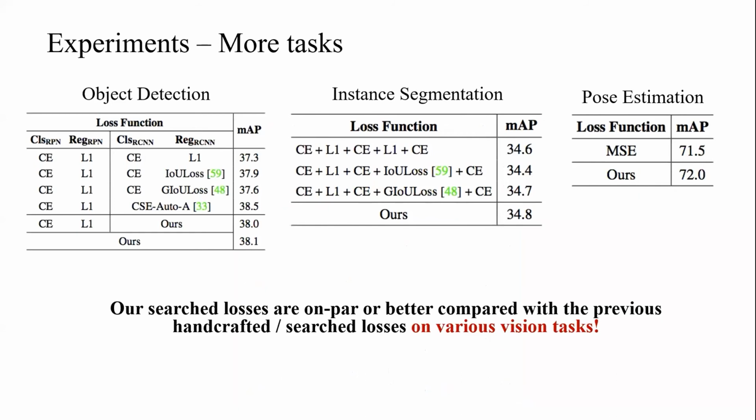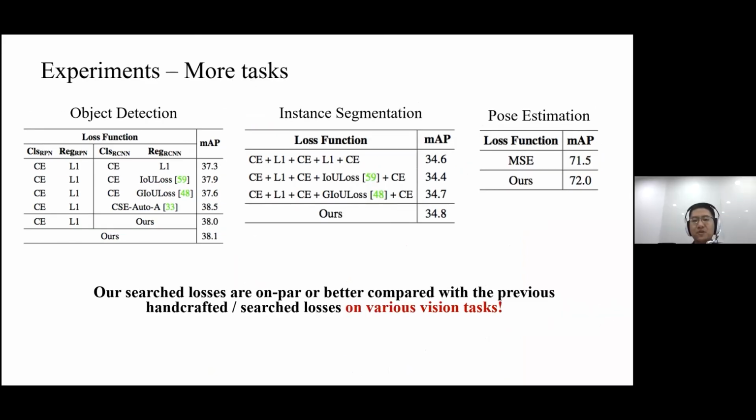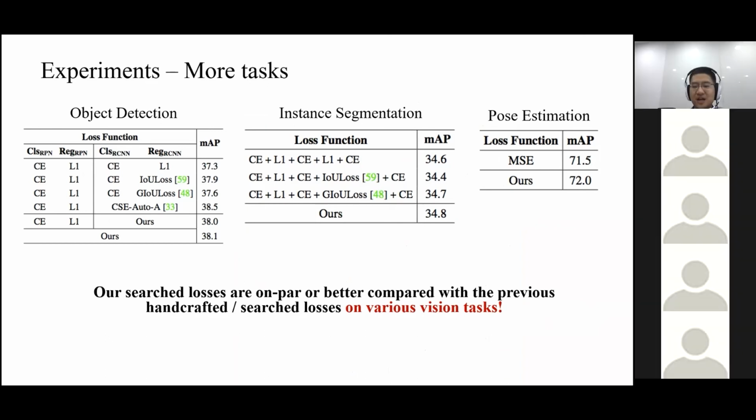We also verify our effectiveness on more tasks, such as object detection, instance segmentation, and pose estimation. The extensive experiments show that our searched losses are on par or even better compared with the previous best handcrafted or searched loss functions on these various computer vision tasks.